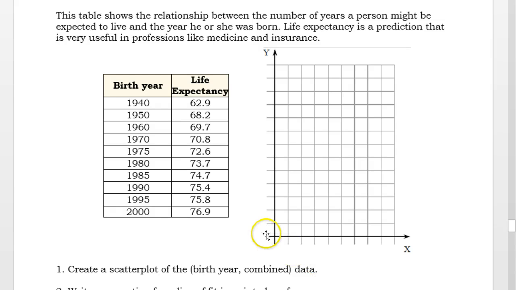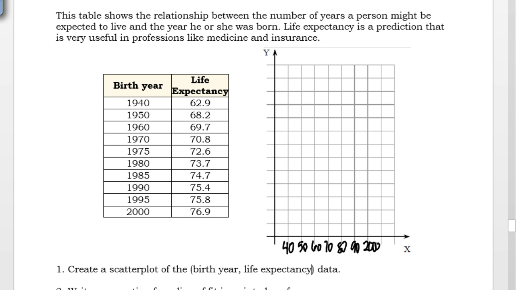So, what we're going to do is create a scatter plot of the birth year and life expectancy data. On the x-axis, we'll place the birth year, and we will go 1940, 1950, 1960, 1970, 1980, 1990, and 2000.